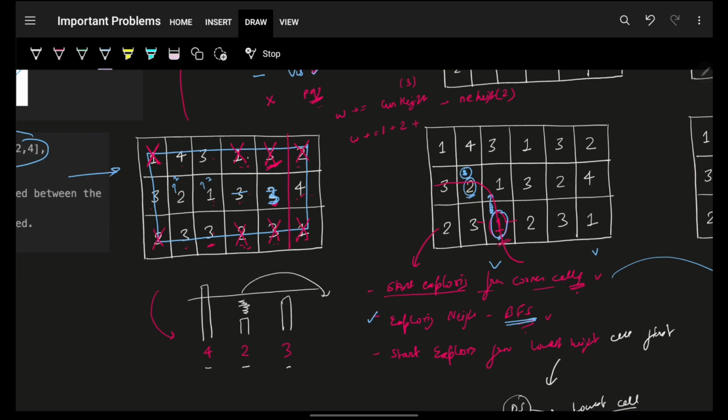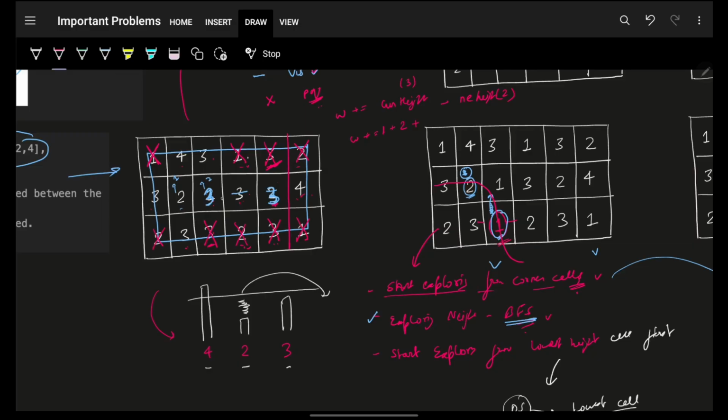And now, before visiting it, make sure that you propagate the height. Bro, you now know I can put a 3. But just before that, the smaller value would have been here, but it is so far not yet visited. So first let's visit this 3.